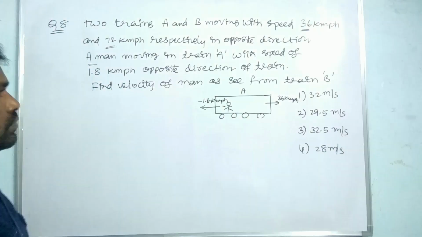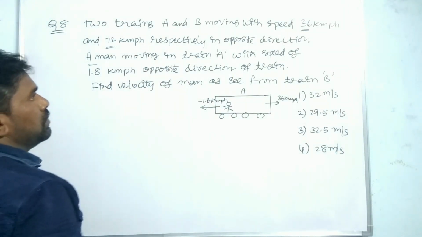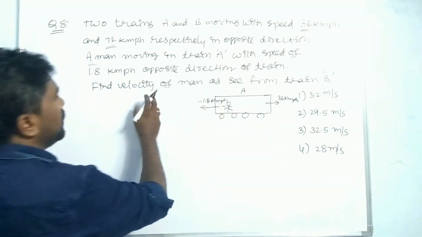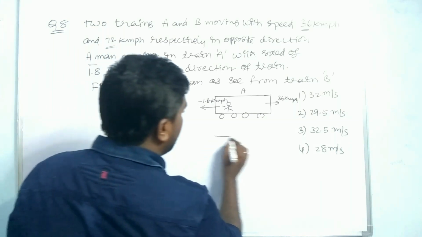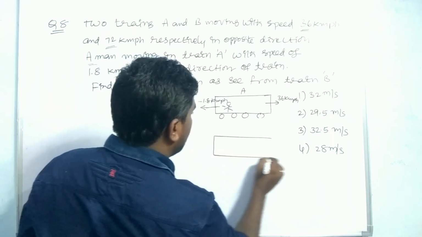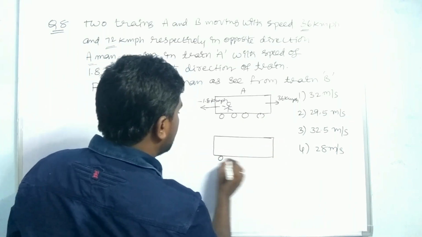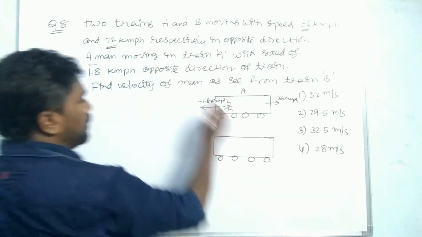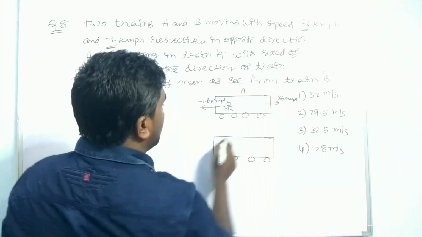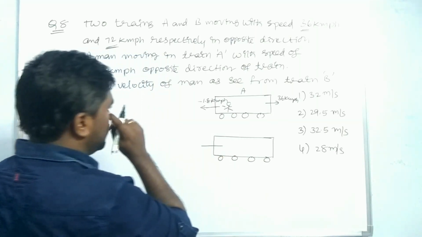Of the train, find the velocity of the man as seen from train B. So here there is a train B, which is moving with 72 kmph in the opposite direction.